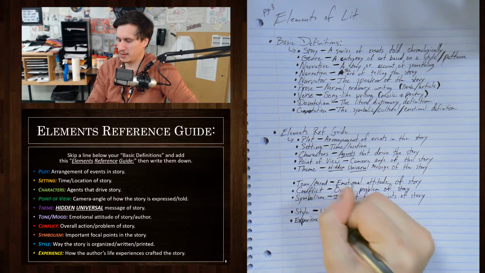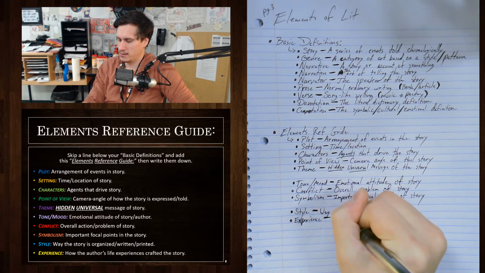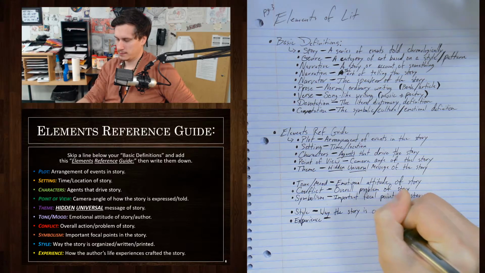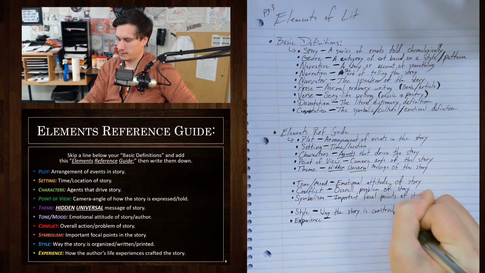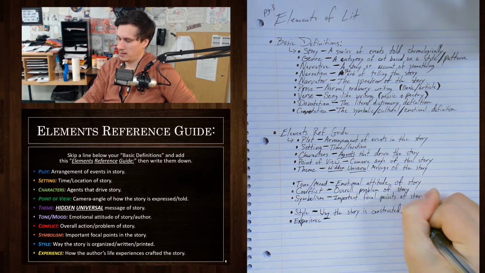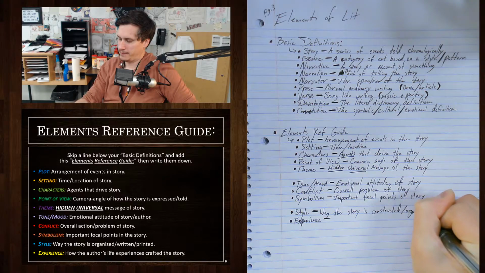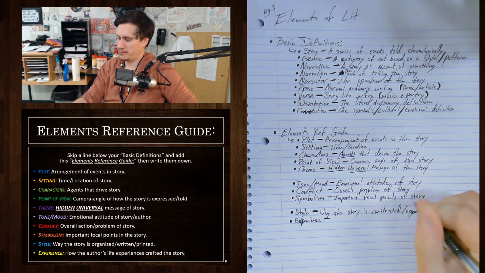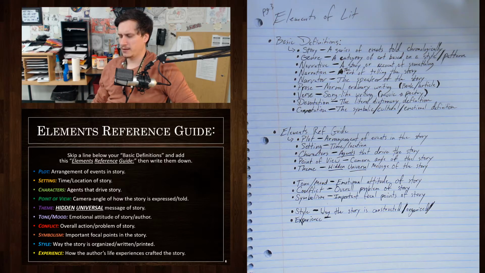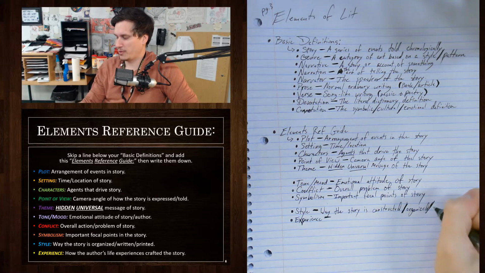So style is the way the story is constructed, organized, printed, or published, whatever you want to say. It's all kind of the same thing.